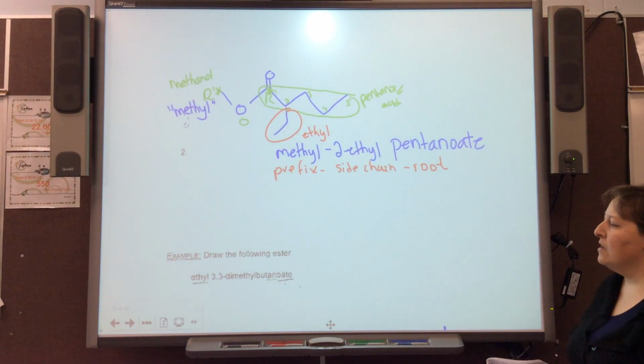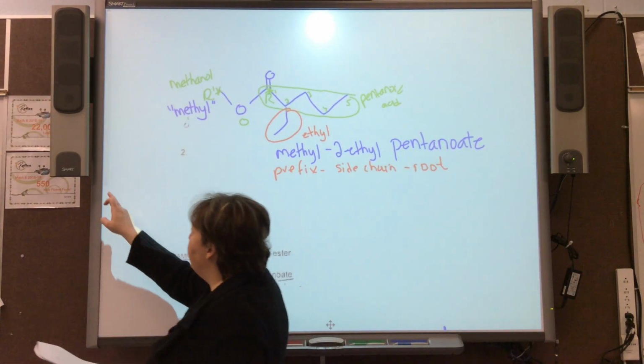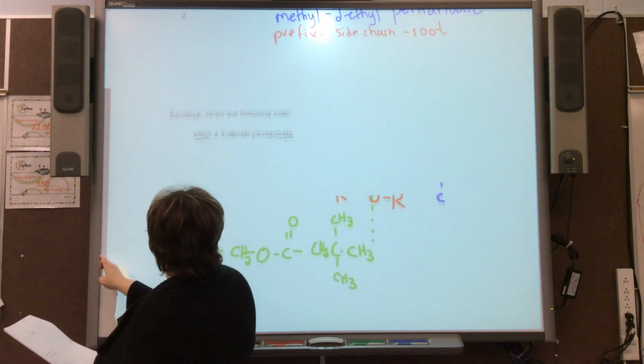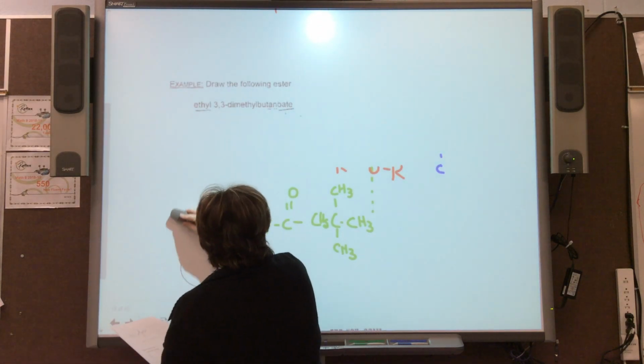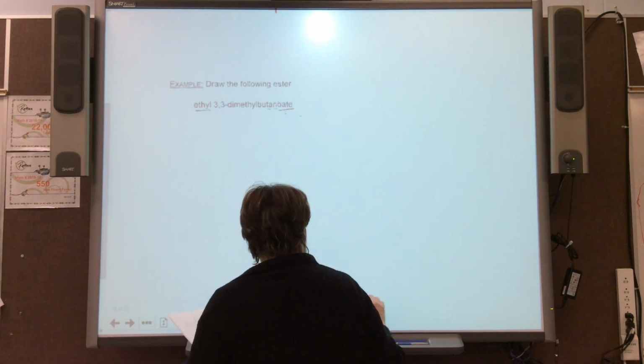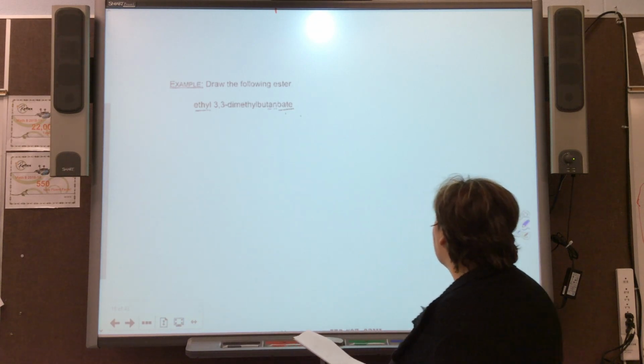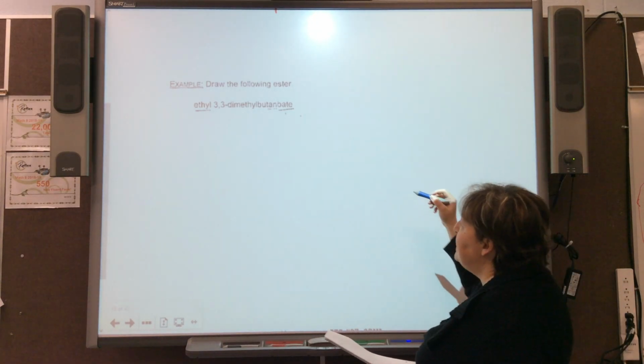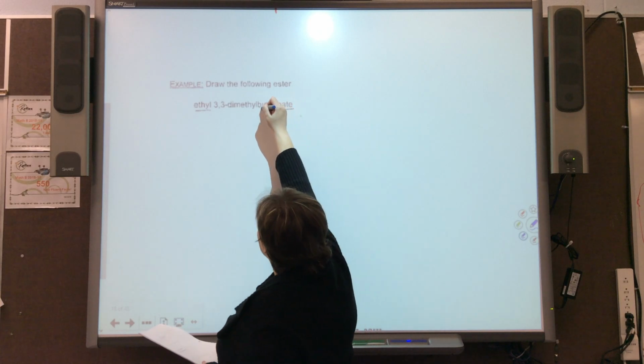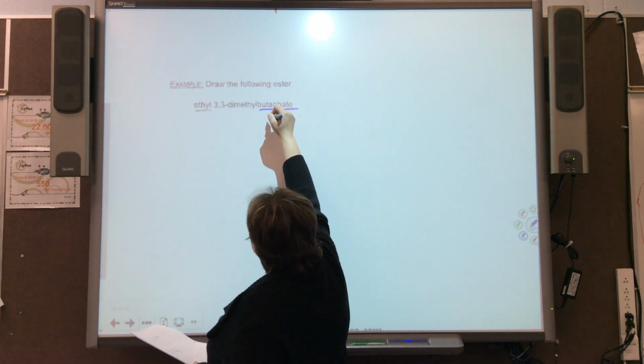Okay? So let's go backwards from the name. It's not that complicated, you just gotta break it down. So here we see butanoate. So this is our root. This is 4.